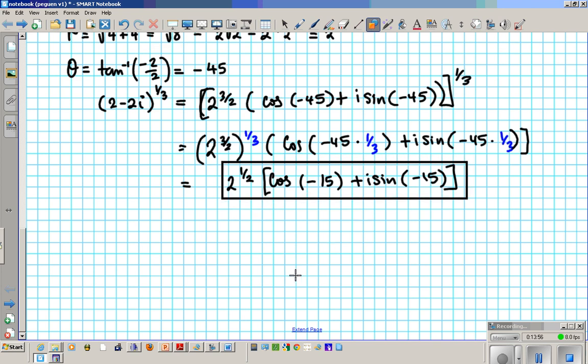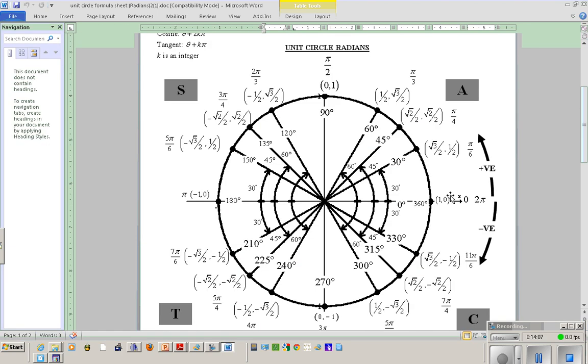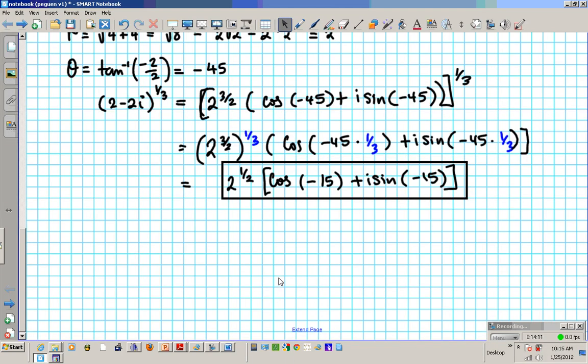And then to get this in rectangular form, because 15 degrees is not on your unit circle, it starts from 30, we just plug it into our calculator.